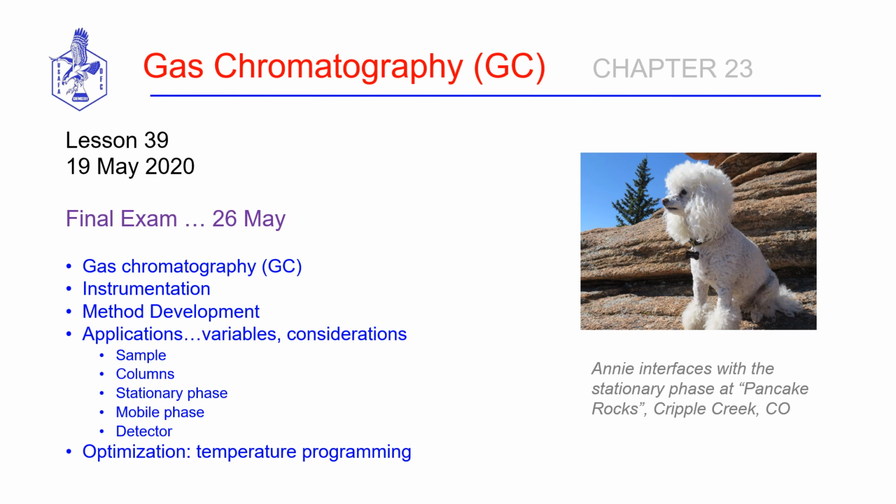And finally, we're going to look at temperature programming as a means of tweaking the analysis time and getting a separation with excellent resolution in the least amount of time possible.